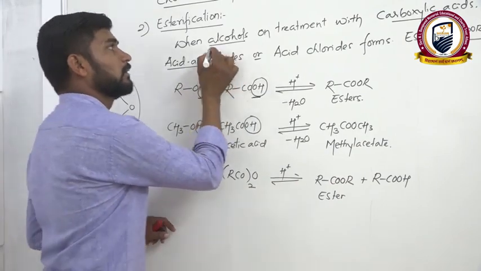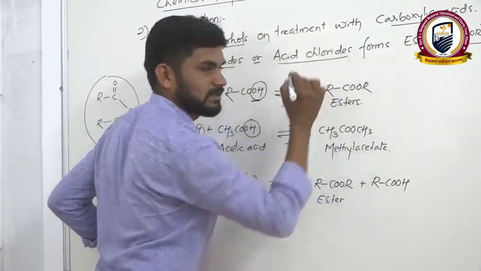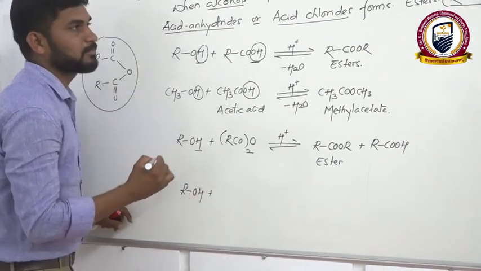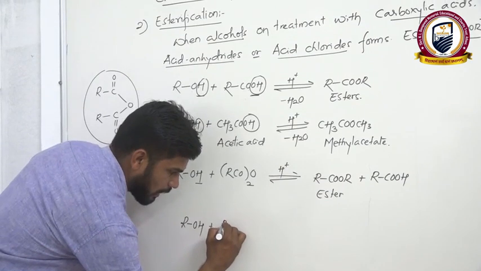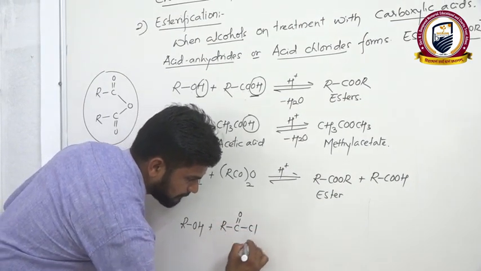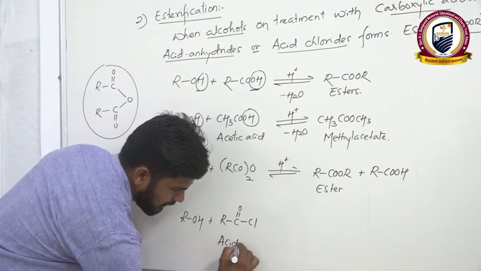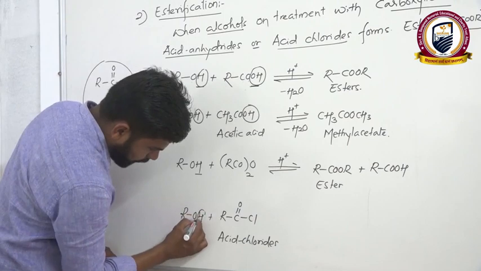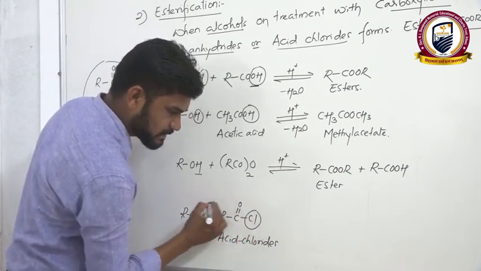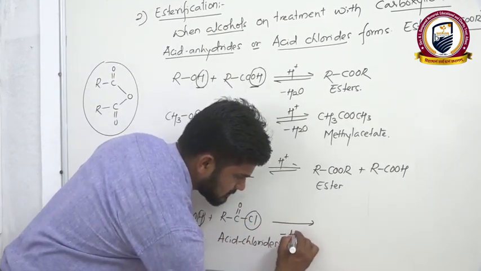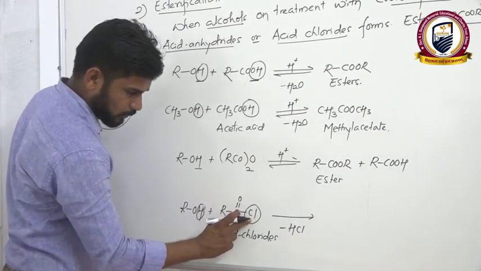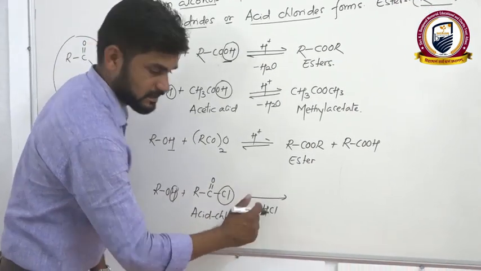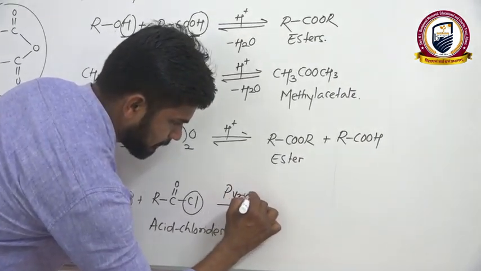Similarly, go for the treatment of alcohols with acid chlorides. The general representation of alcohols is ROH, and the general representation of acid chlorides is RCOCl. Hydrogen from the alcohol and chlorine from the acid chloride are eliminated as HCl in the presence of pyridine.